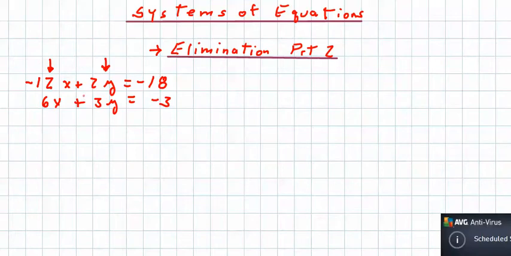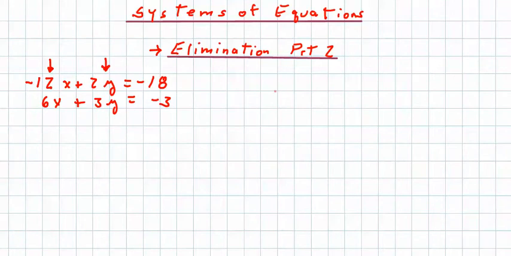So now I'm going to do something different. I am going to divide or multiply one or both of the equations by some number so that I eliminate a variable. I see that 6 is half of 12, forgetting about the sign.